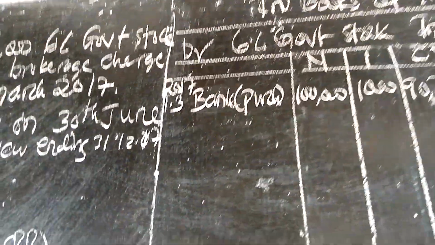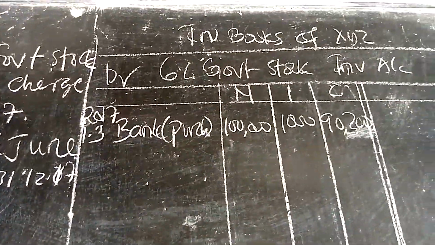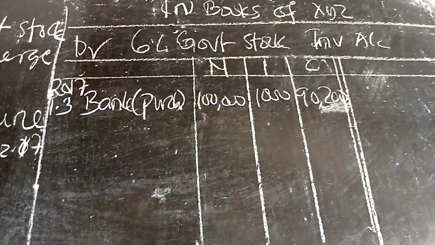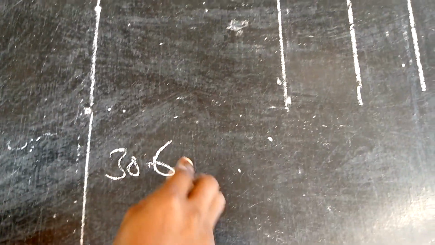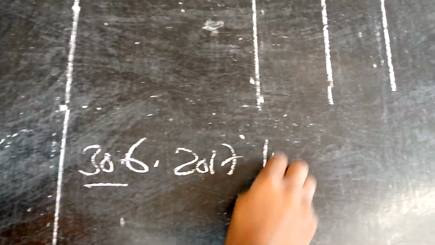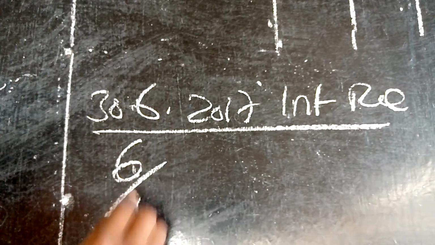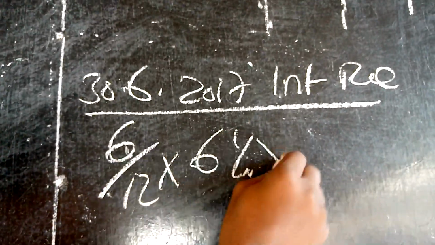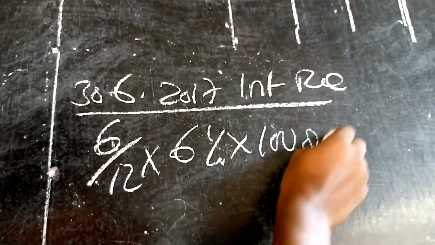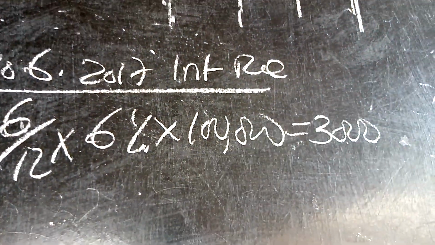But now on 30th June, we are going to receive the interest as the buyer. So on 30th June 2017, interest received. Interest received is as follows: 6 out of 12, times the 6% given, times the nominal value, which is equivalent to 3,000.